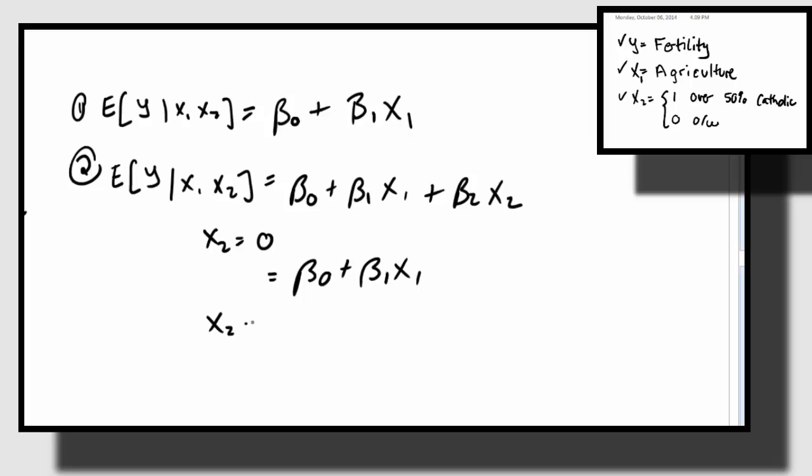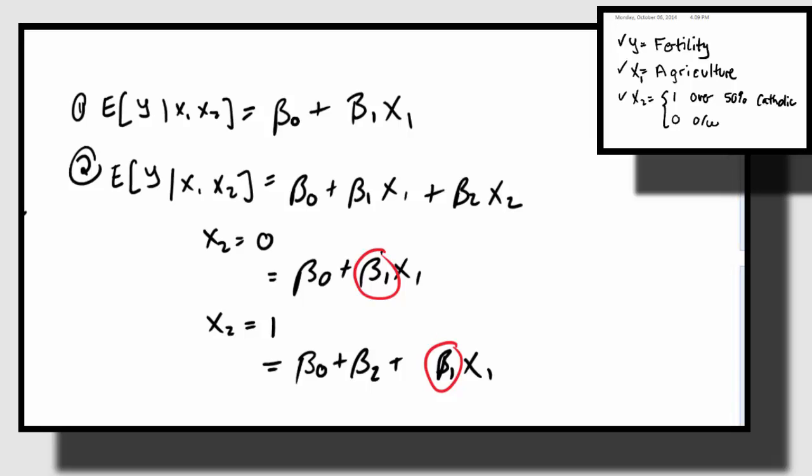In the event that x2 is equal to 1, in the event that the province is majority Catholic, this works out to be beta naught plus beta 2, because this term right here is now 1, plus beta 1 x1. So fitting this model, the model that includes x1 and x2 but no interaction, fits two lines that have the same slope. These two lines have the same slope, but they have different intercepts, beta naught and then beta naught plus beta 2 for the second intercept.